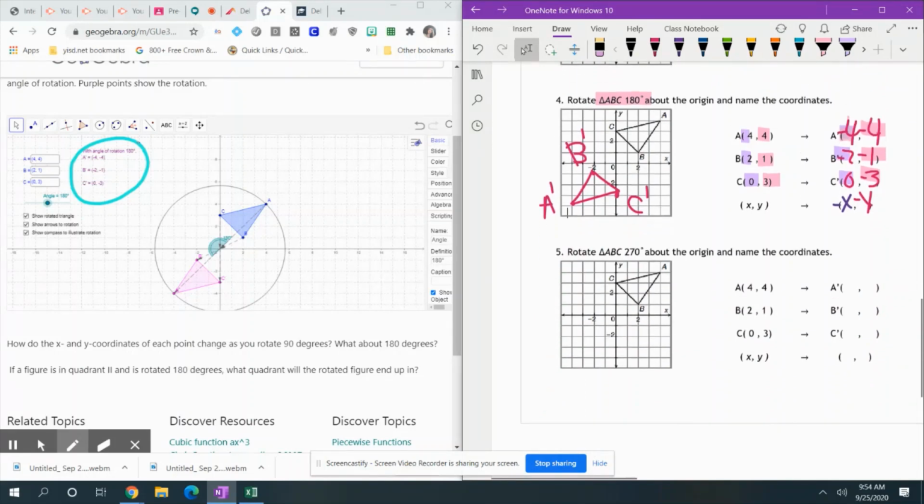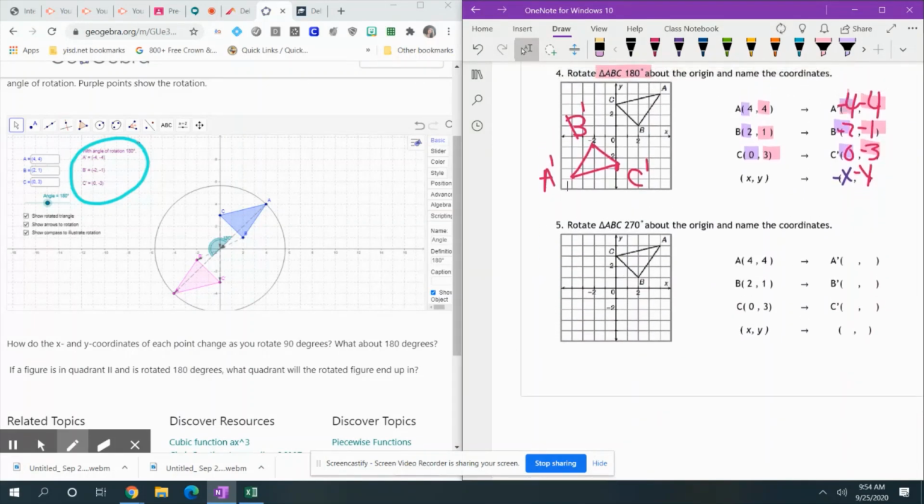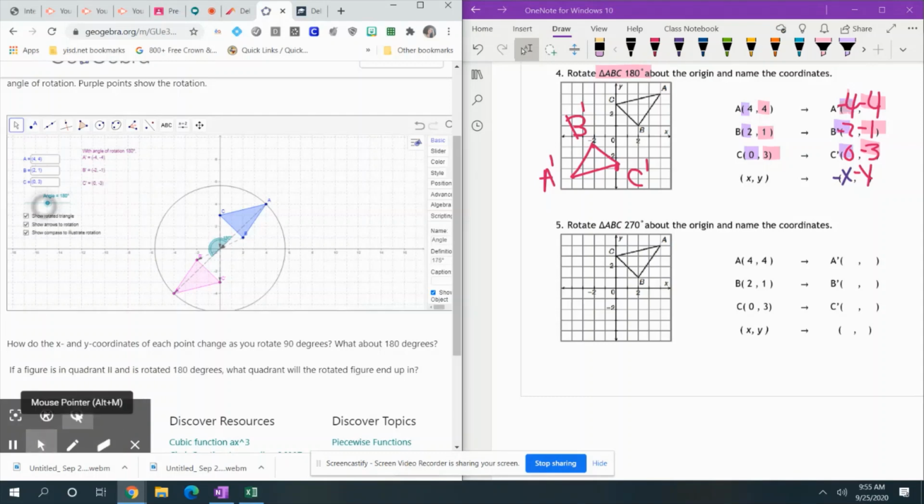All right, the next one, number 5, it says rotate triangle ABC 270 degrees. So we're still taking the same triangle, so I'm going to go ahead and rotate it on here. Let me erase this. And I'm going to rotate it 270 degrees. Oh, I went too far.